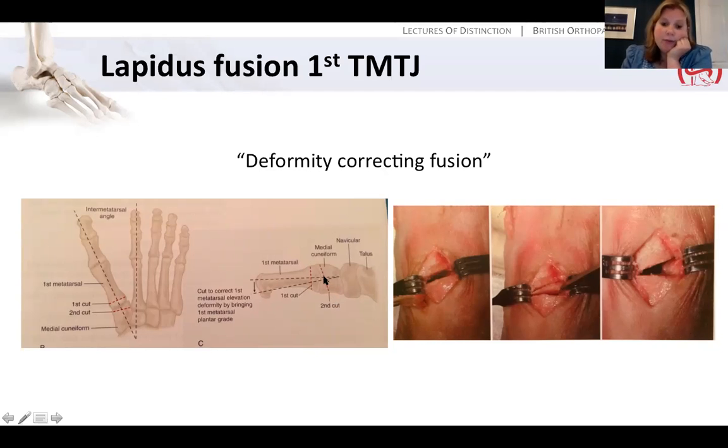And you have to be very careful to get down to the bottom of the joint and clear the bottom of the joint here, because one of the big potential pitfalls of doing a first TMT fusion or Lapidus procedure is that if you don't clear the bottom of the joint here and you've left bone at the bottom, you'll essentially elevate the first ray, and that can make the patient's problem worse because they can get lateral transfer metatarsalgia and pain. So throughout the midfoot, you need to be extremely conscious of getting down to the bottom of that joint and clearing the joints as needed.